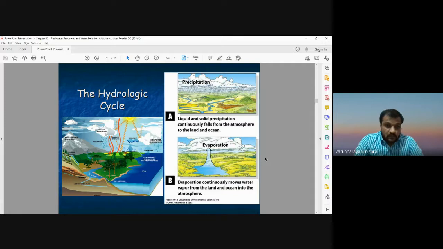This hydrological cycle should work in a good manner, so that there will be a good amount of fresh water resources on the earth's surface. So this is the entire cycle of the hydrological process, and it basically has two important components: precipitation and evaporation.